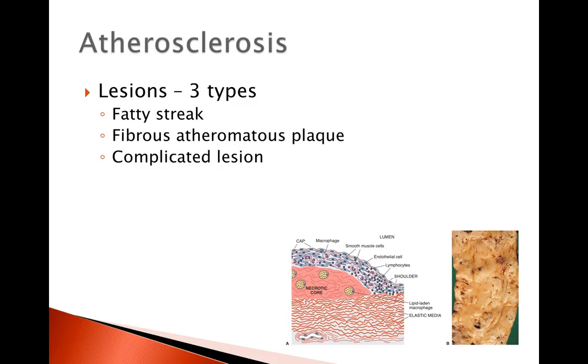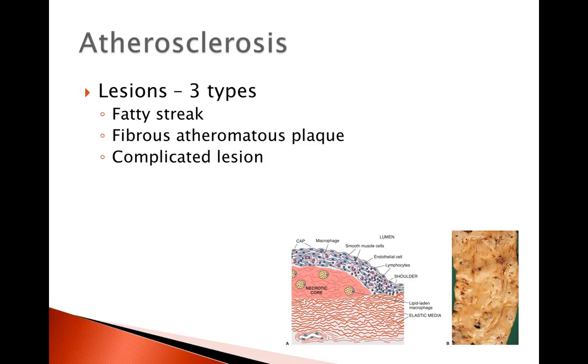I think I said that wrong the first time. Fibrous atheromatous plaque is an accumulation of lipids, proliferation of smooth muscle, and formation of scar tissue. That's plaque buildup as we know it to be. So when someone says they have plaque buildup, that's what we're talking about.